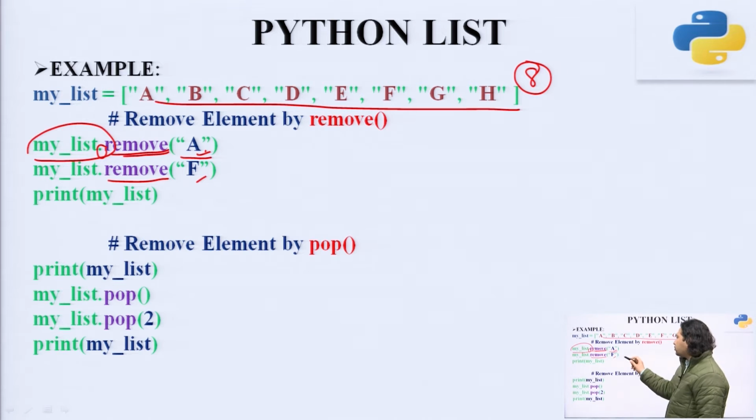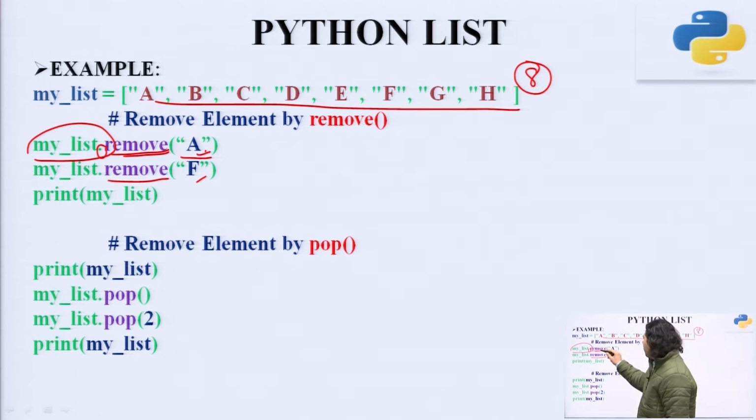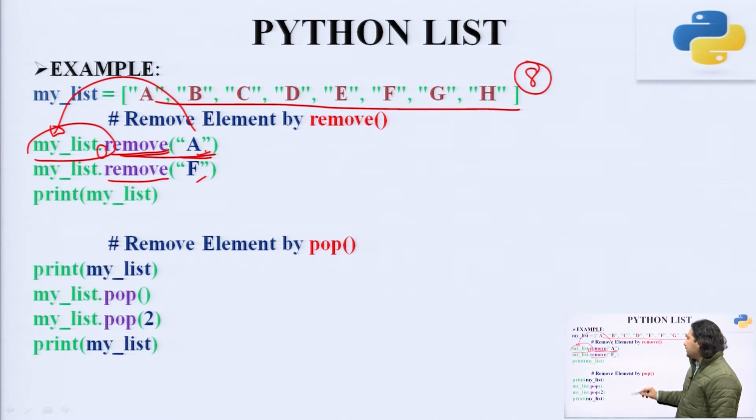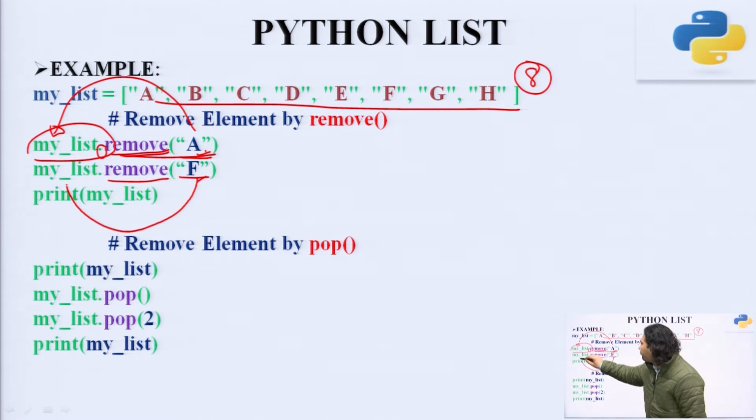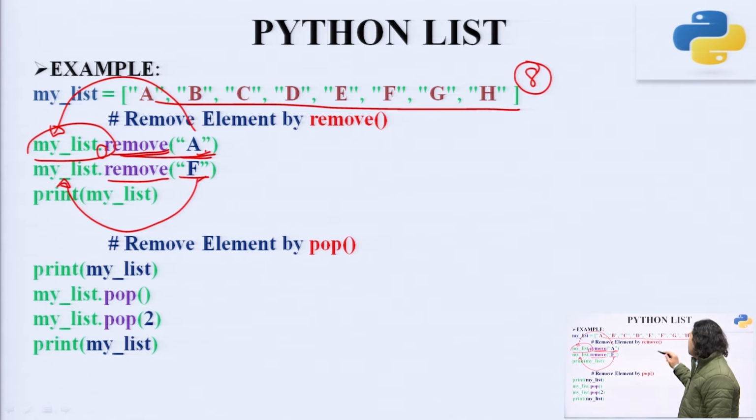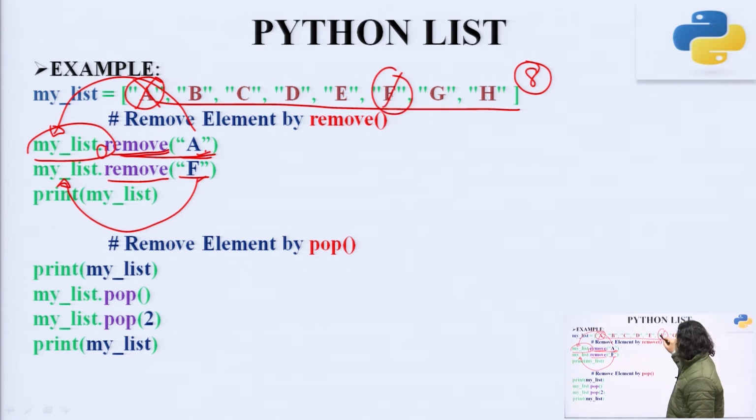followed by some parameters or extra information. So, here we are going to remove A from my list. Similarly, the next one, we are trying to remove F from my list, and you can see in the result that A and F both are removed.